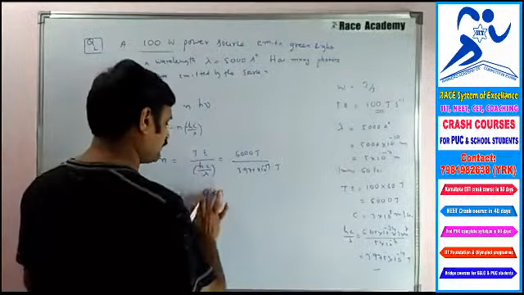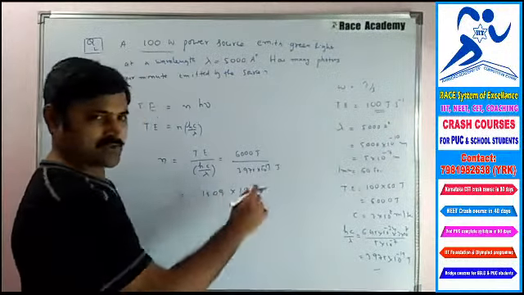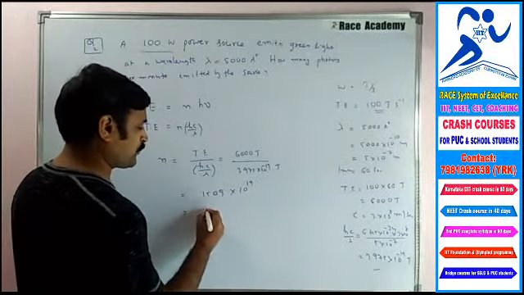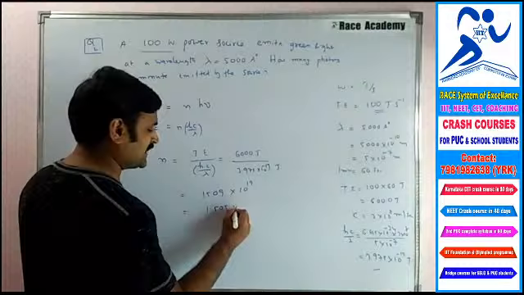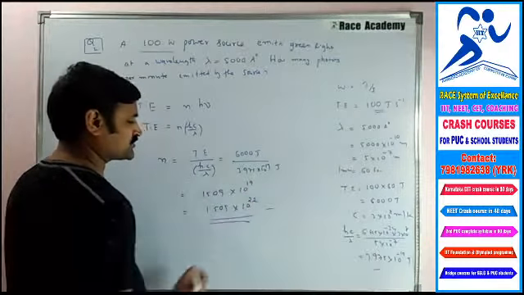So you take the 4 digits only, into 10 to the power of 19. You want to convert this as 1 point only. So 1.509 into 10 to the power of 22 photons.